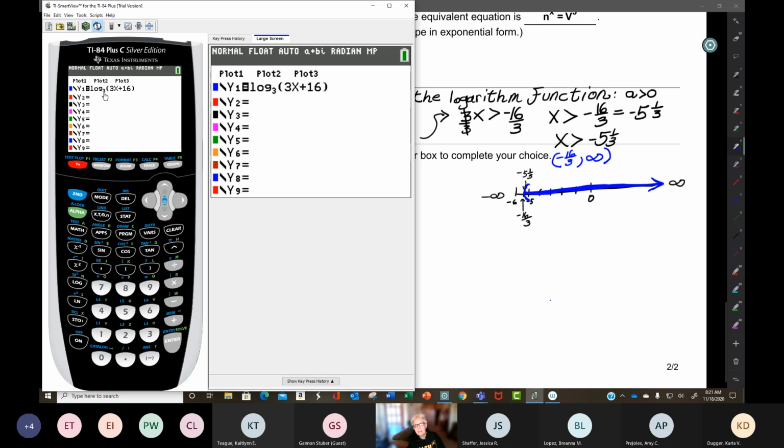It's not necessary. I'm going to show you how to graph it if you don't have that. It's just for us lazy people. It makes graphing easier. This is a graph of the function.